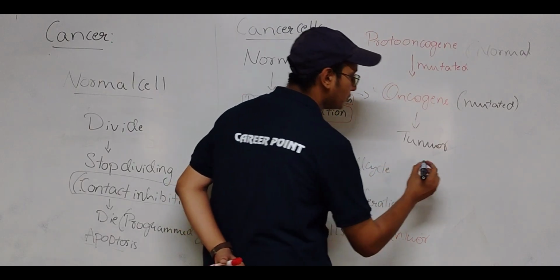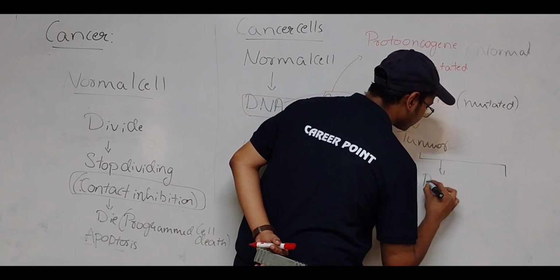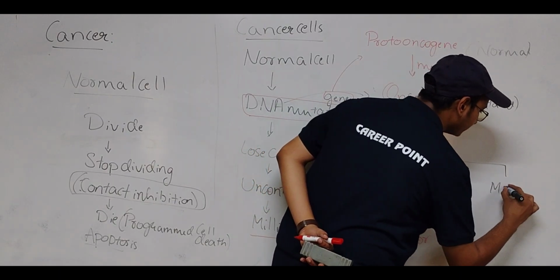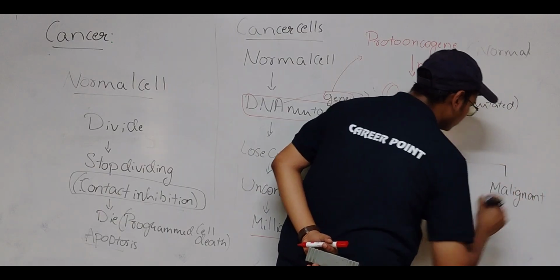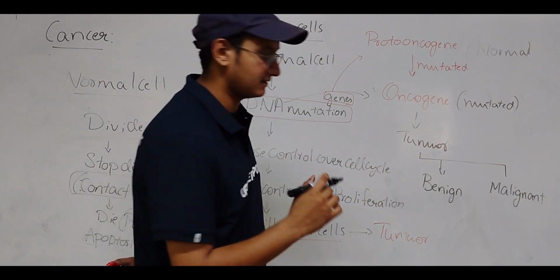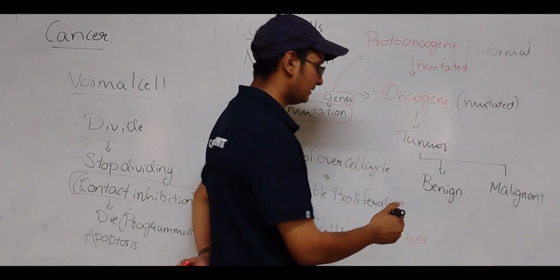And tumors are of two types. Benign tumor and a malignant tumor. So remember one thing, benign tumors are non-cancerous cells. They don't cause any cancer. They are not harmful at all.